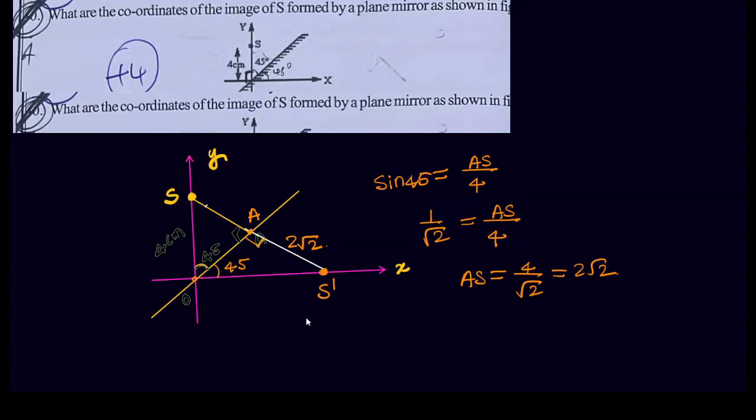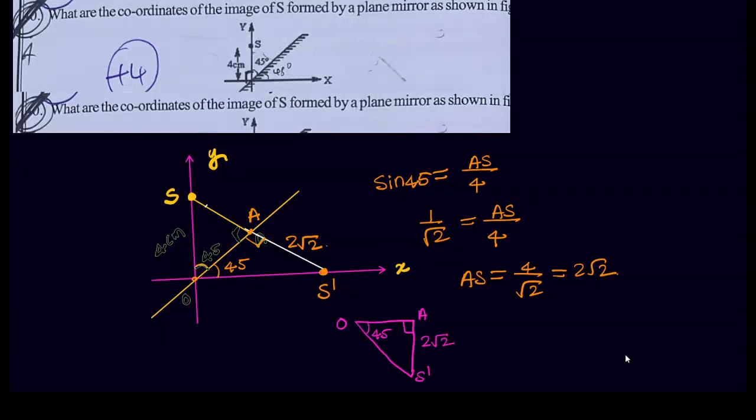Now if we see this triangle, this is O, this is A and this is S dash, and here this angle is 90 and this angle is 45, and this AS dash is 2 root 2. Now we need OS dash.